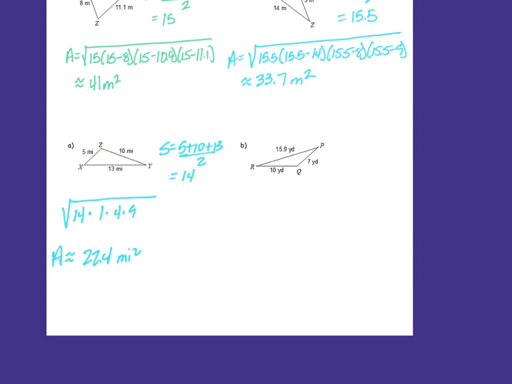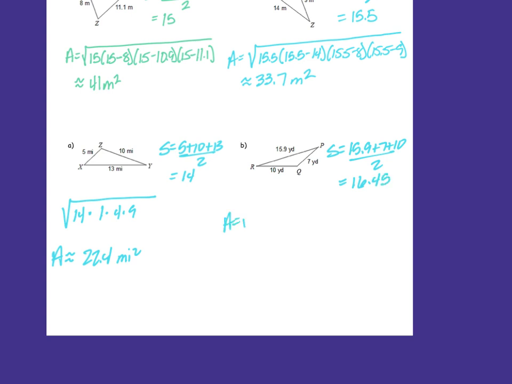Okay, and then the second one, S is equal to 15.9 plus 7 plus 10 divided by 2. So that equals 16.45.